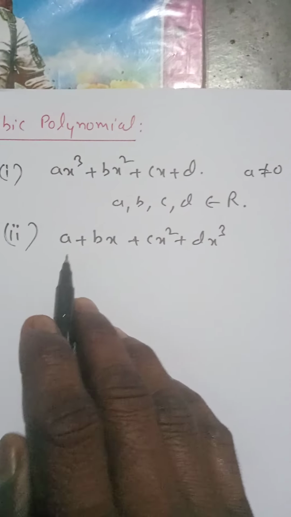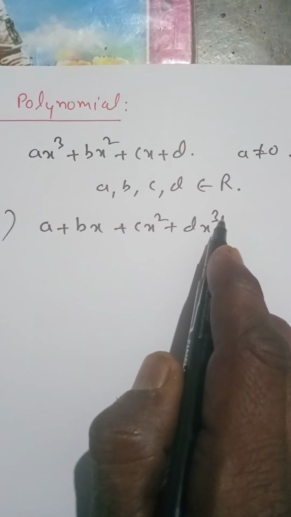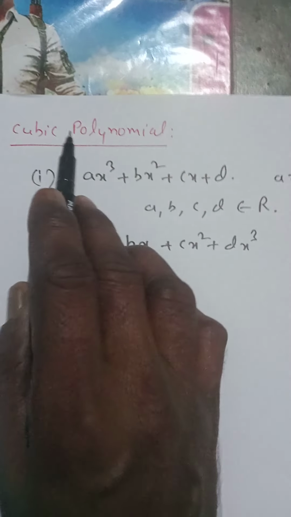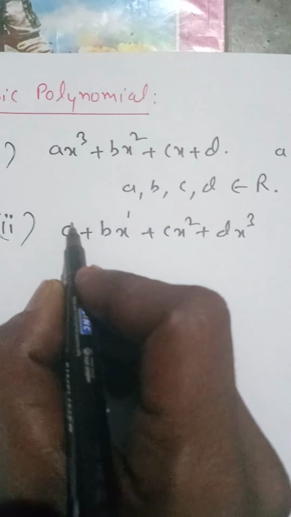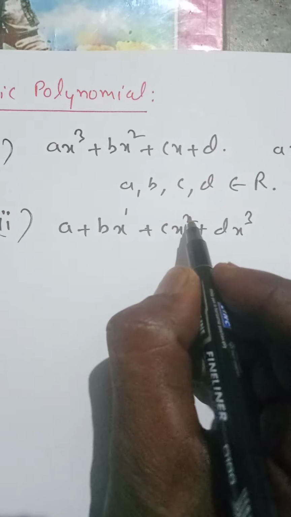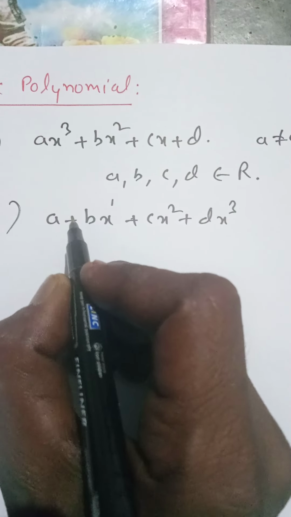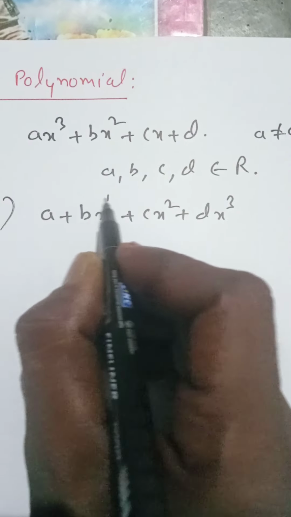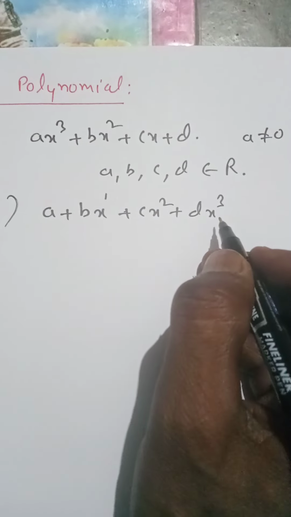Once you check all the terms here, the highest degree is 3, that's why it is a cubic polynomial. And once you check the powers of x, here x power 0, x power 1, x power 2, x power 3. The powers of x are in increasing, ascending order.